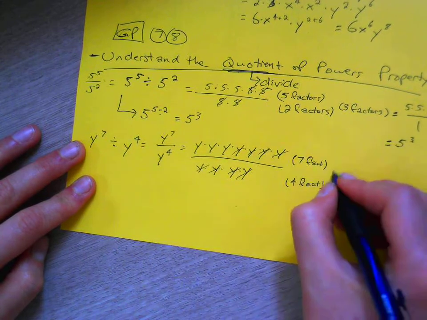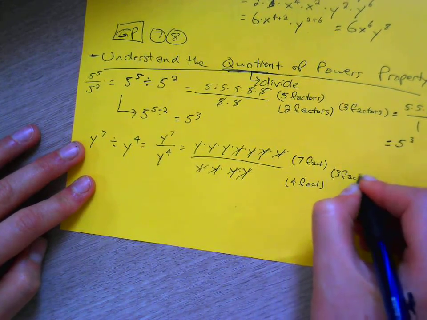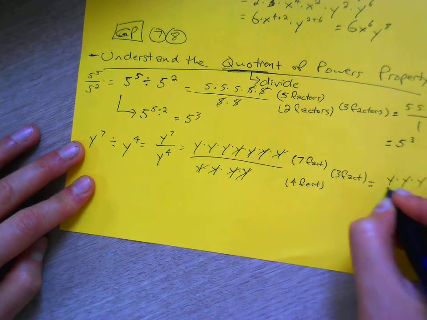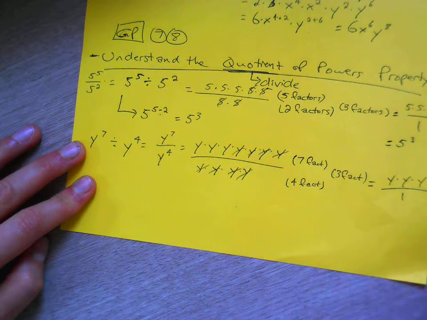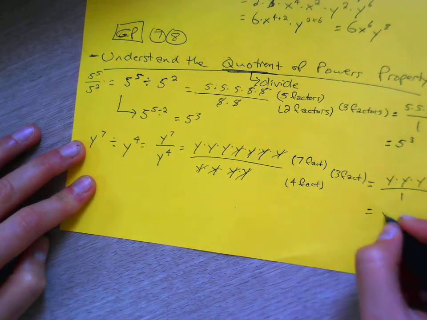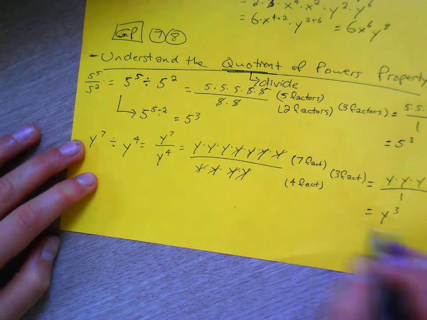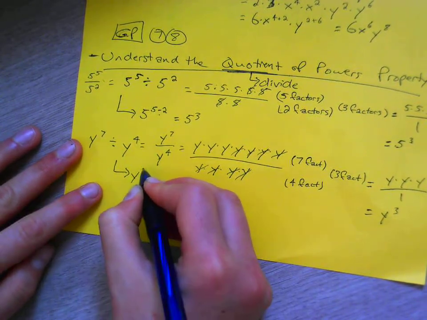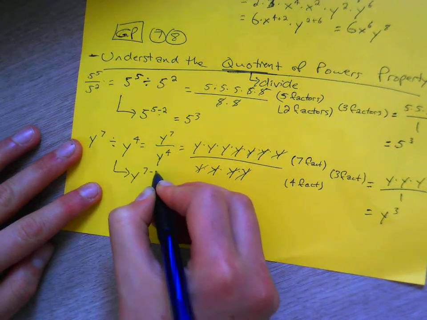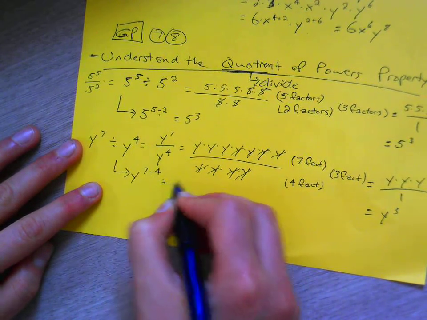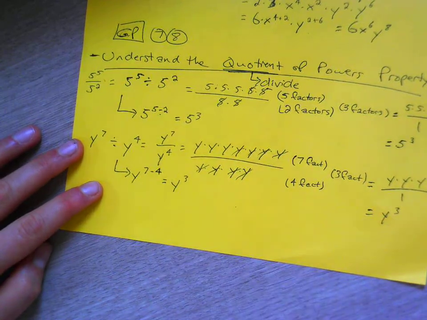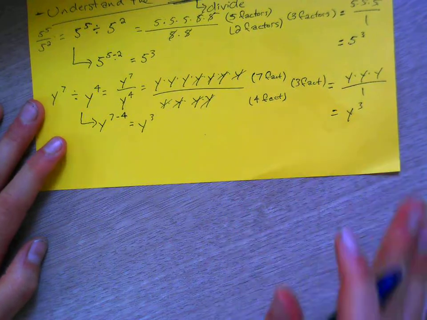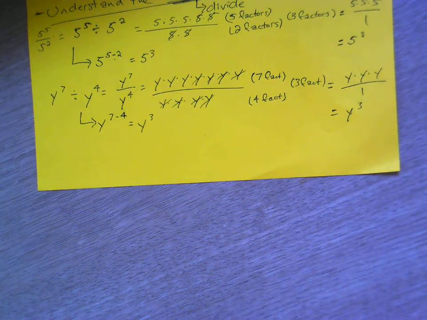We have 3 left, which can be written as y times y times y over 1, which is y cubed. Same as up here, what we did was y to the 7th, the first one, minus 4. 7 minus 4 is 3, so it's y cubed, just like you could see at the top. And here is our example of that.